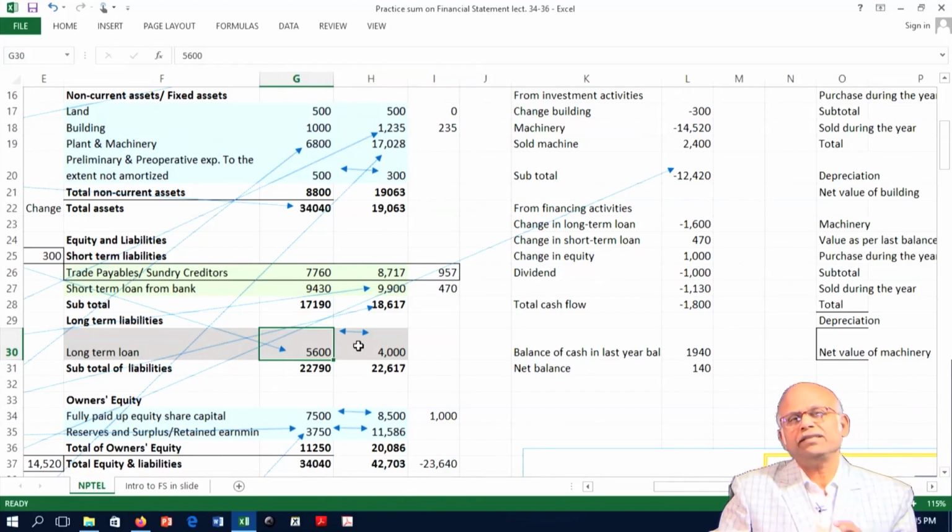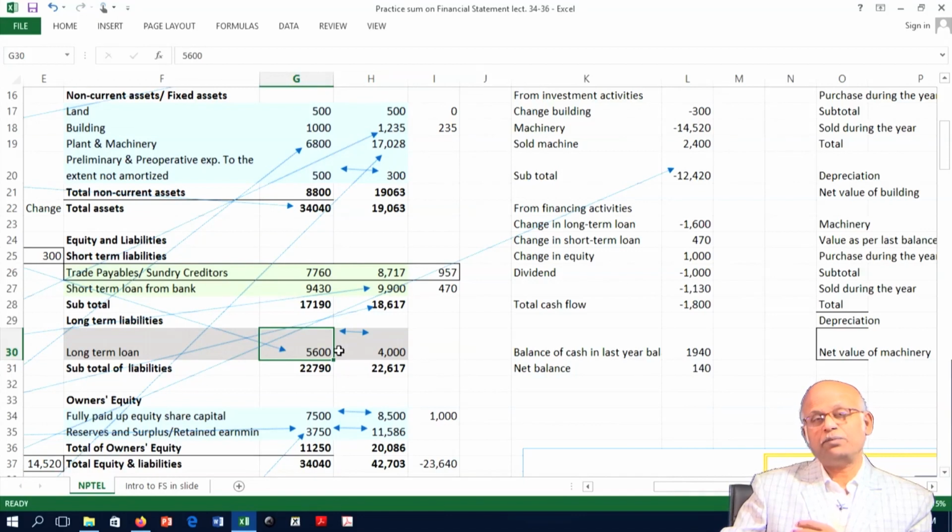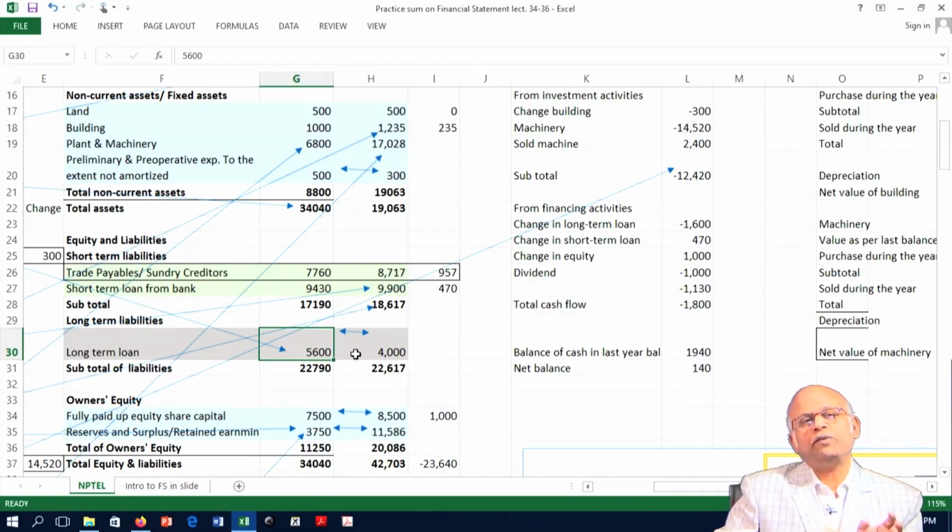In those cases, the repayment period may be very long, it may go up to 20 years. Say for example, even a solar power plant, the life of a solar power plant may be 20 years plus. So, repayment may be 20 years as well, or you may prefer to have a repayment period of 10 years if you see that the cash flow is good. So, long term loan is repaid in the form of installments. Every year you make some repayment.